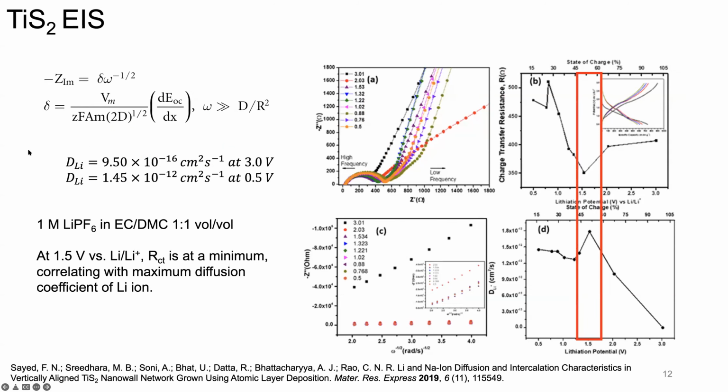So comparing GITT and EIS, before we had calculated that it was 10 to the minus 13. Now it's somewhere between 10 to the minus 12 and 10 to the minus 16. Okay, in terms of the conditions, is there anything particularly special? Not really. 1 molar LiPF6 in ethylene carbonate dimethyl carbonate. The 1:1 volume ratio is pretty standard, although it is a sulfide.